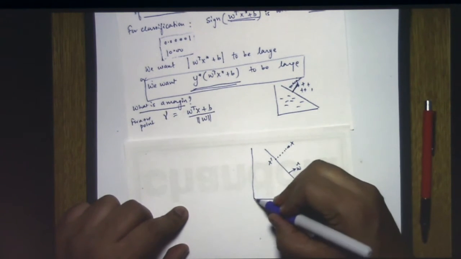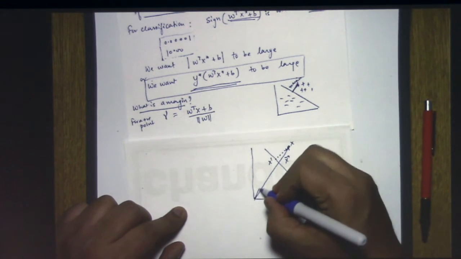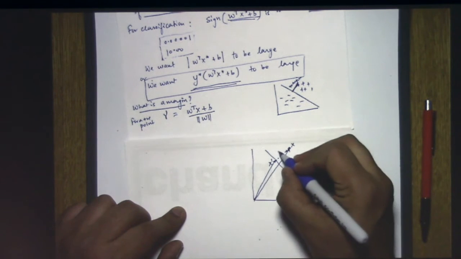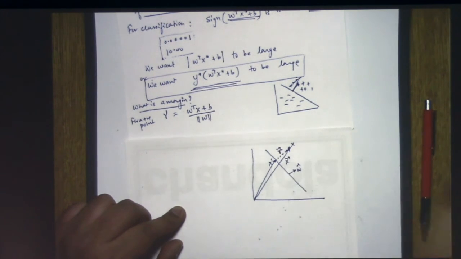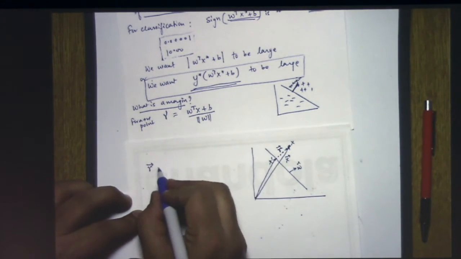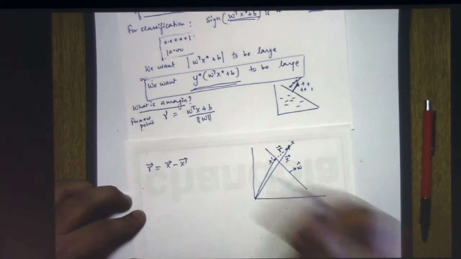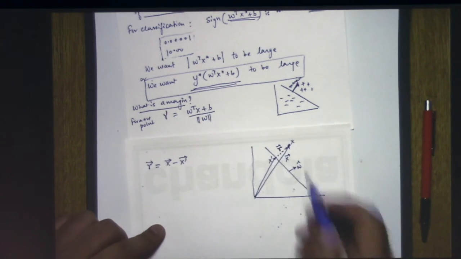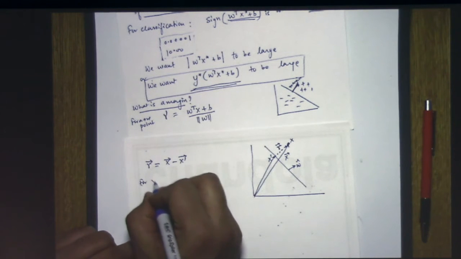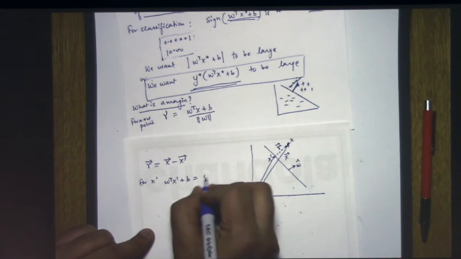This vector is X, and this vector is X prime, and let's call this R. So you can write R in the geometric sense as X minus X prime. That's simple. Now X prime lies on the line, which means for X prime, W transpose X prime plus B will be equal to 0.